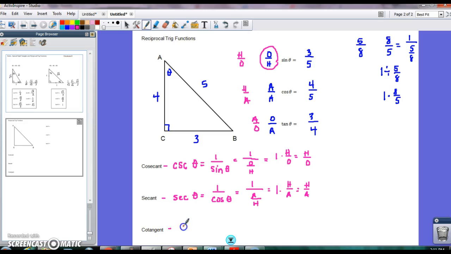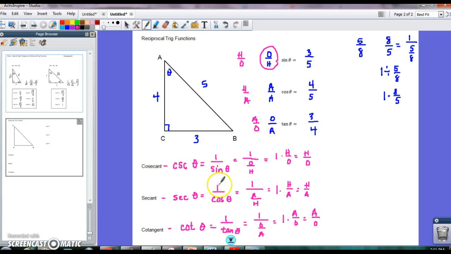Cotangent, abbreviated COT, would be 1 over the tangent ratio. So that would be 1 over opposite over adjacent, which would then be 1 times adjacent over opposite, which gives me adjacent over opposite.